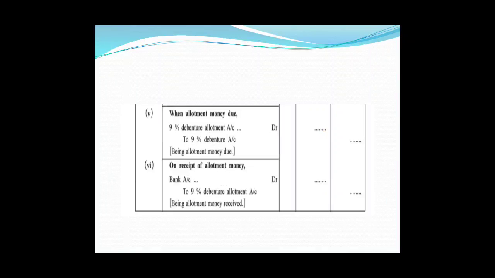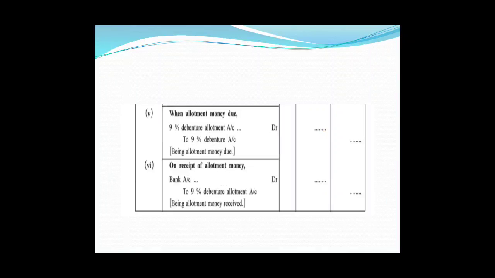Now if there are any calls in arrears at the time of allotment, it will be debited to calls in arrears account. In the second entry, bank account debit, calls in arrears account debit to debenture allotment account accordingly. And if there are any calls in advance, then it will be credited: bank account debit to 9% debenture allotment account, to calls in advance account.